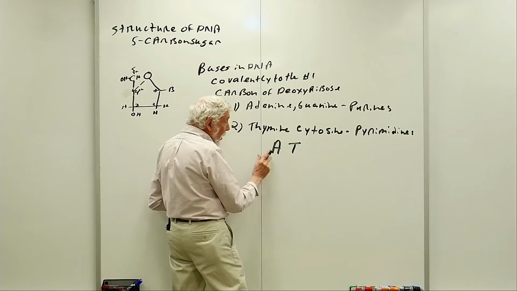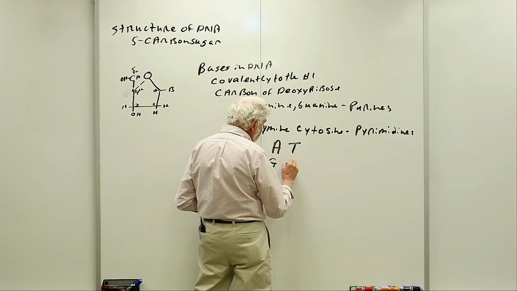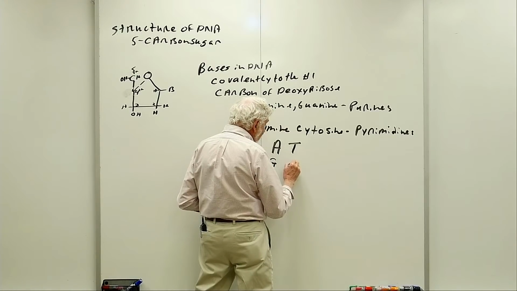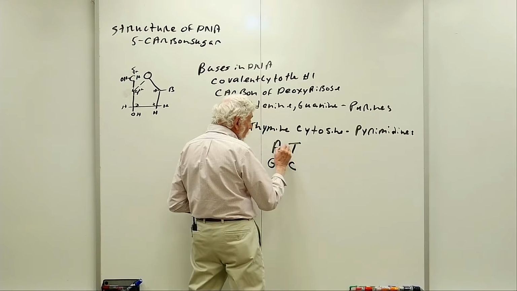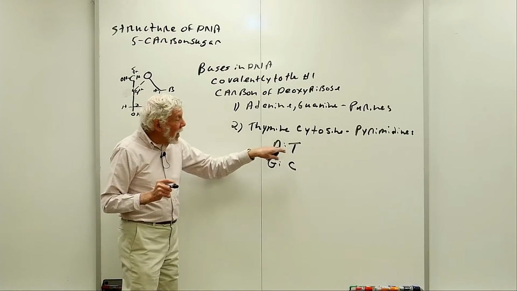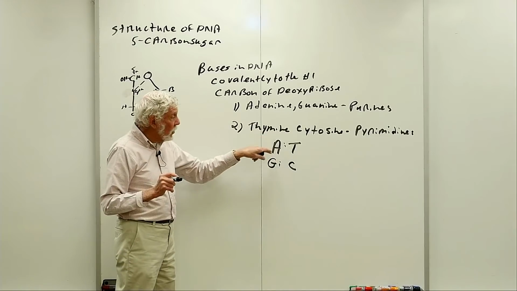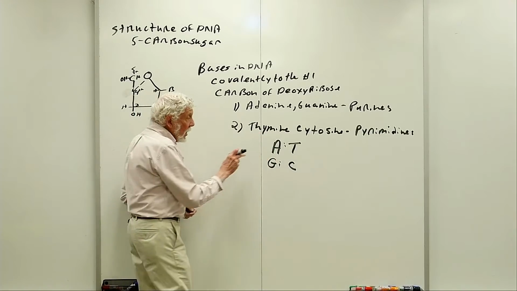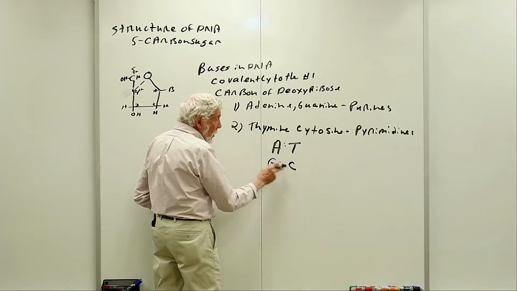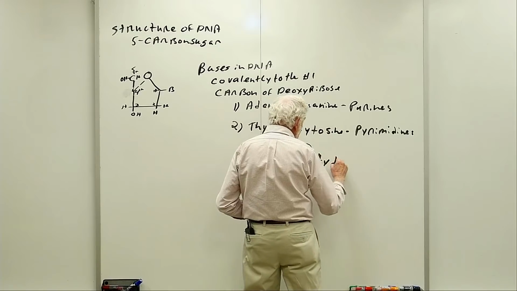The other possibility is to use the other purine, guanine, to base pair to the other pyrimidine, cytosine. So these are the base pairs, AT, CG. And we'll see in a little bit that these are going to be held together by hydrogen bonds. So hold on to the idea that this ATGC bonding is hydrogen bonding.